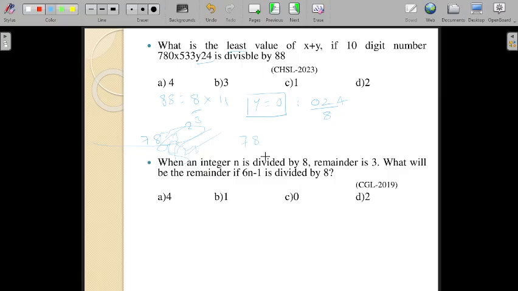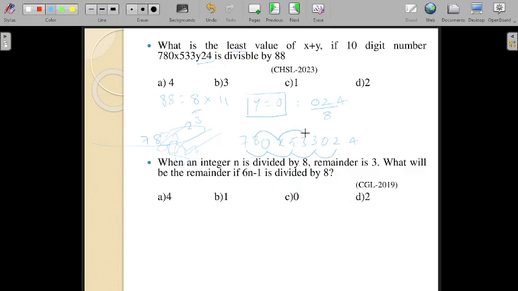Now 7, 8, 0, x, 5, 3, 3. So 7 plus 0 is 7, 7 plus 5 is 12, 12 plus 3 is 15, 15 plus 2 is 17, 8 plus x.